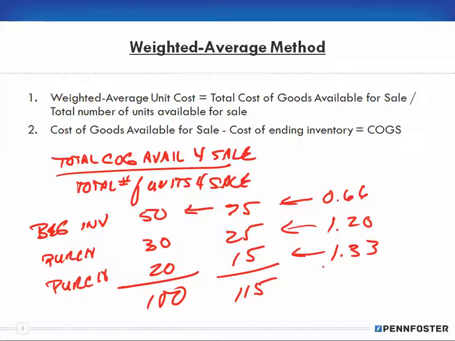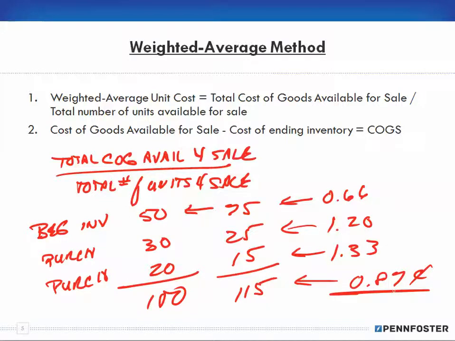Okay, so no longer can you use specific ID. It makes it easier to say, okay, I purchased $100 worth, and that was 115 of them. So 100 divided by 115 means the average cost per each one is 87 cents.